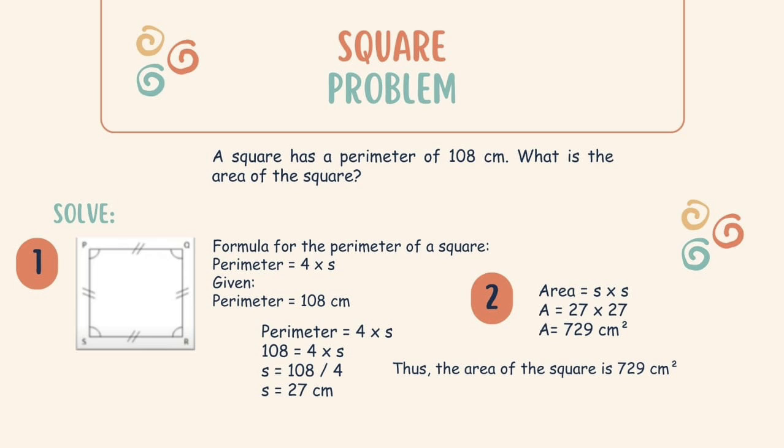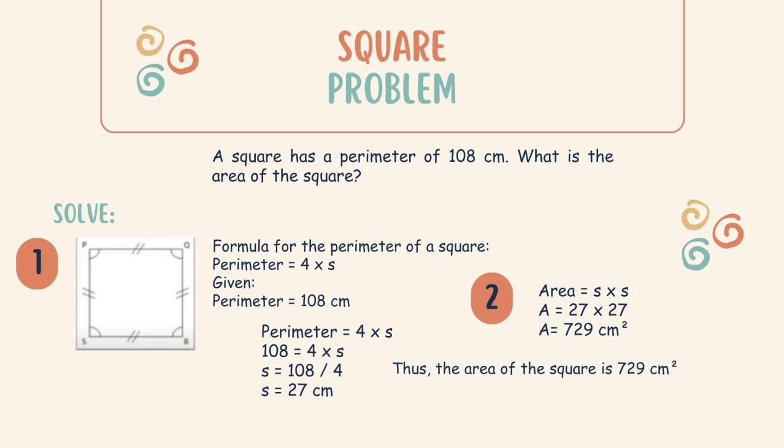So we can substitute the value into the formula. Perimeter equals 4 times side, so 108 equals 4 times side. Side equals 108 over 4, and the side is 27.